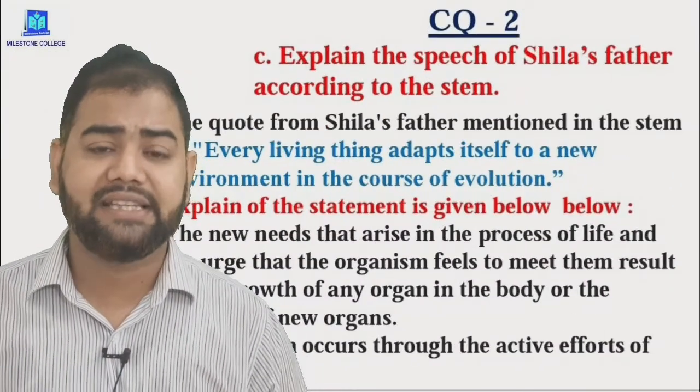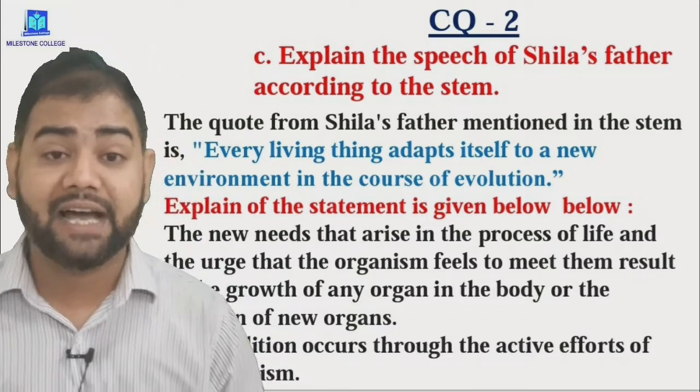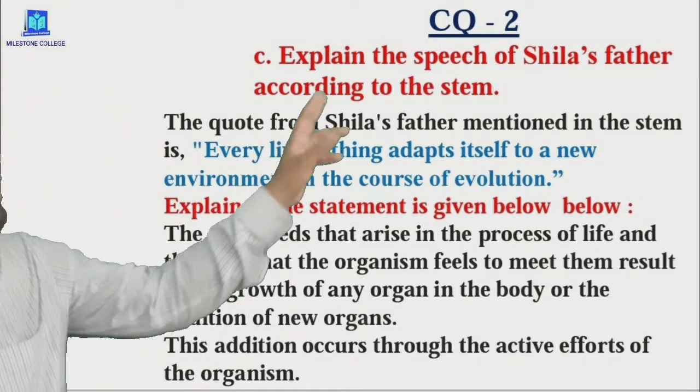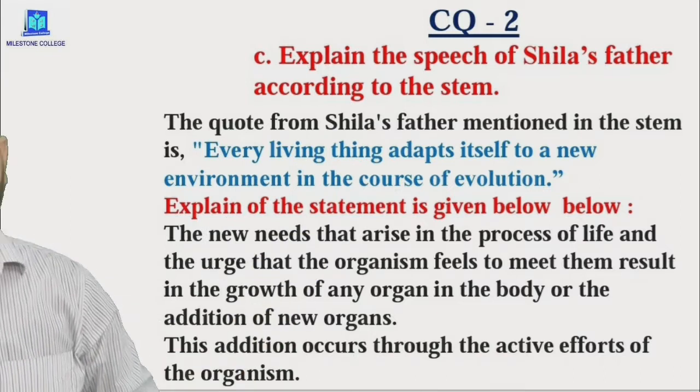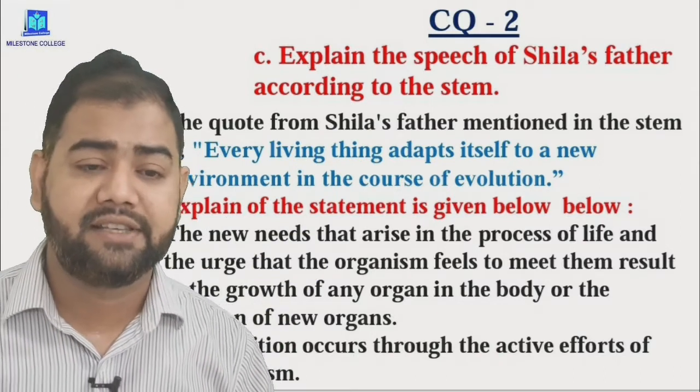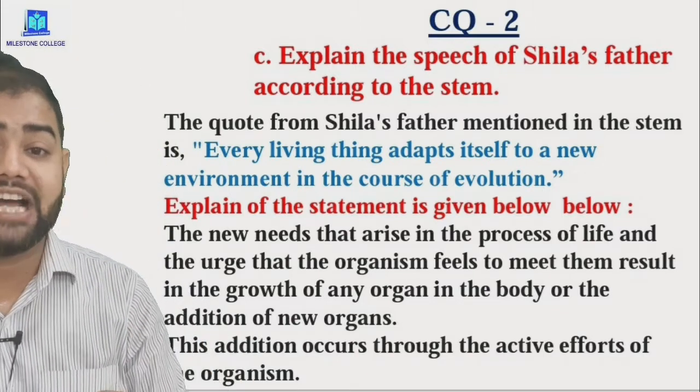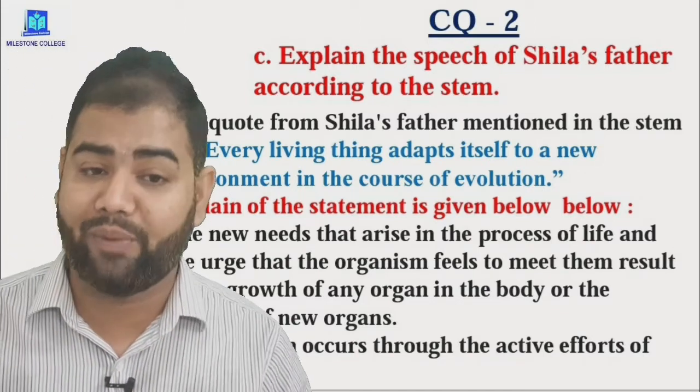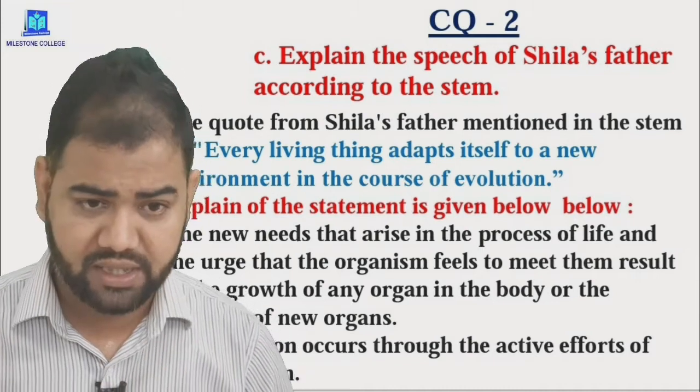Question number C, explain the speech of Sheila's father according to the stem. The quote from Sheila's father mentioned in the stem is, every living thing adapts itself to a new environment in the course of evolution.